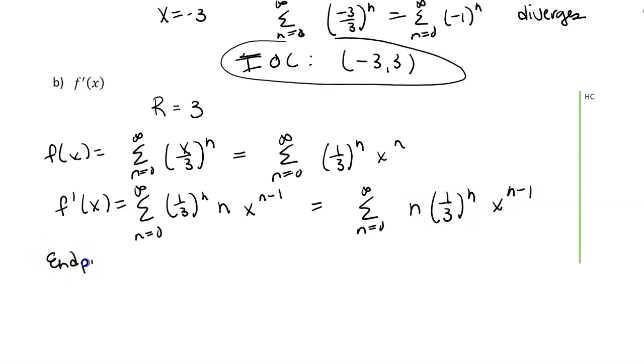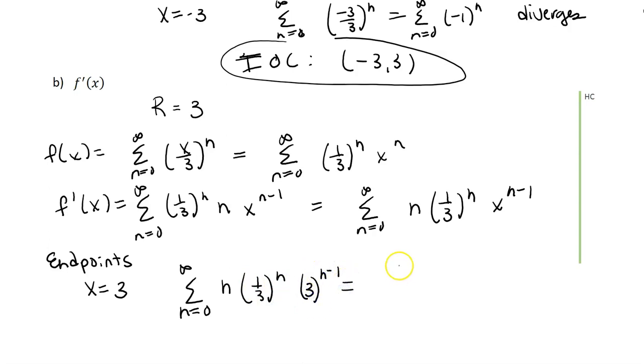So let's check our endpoints and see what we get. If x is equal to 3, I would have the sum from 0 to infinity of n times 1/3 to the nth power times 3 to the n minus 1. So I'm going to write that as the sum of n times 1 over 3 to the n, because we'll just bring that up. And then we'll make this one 3 to the n times 3 to the negative 1.